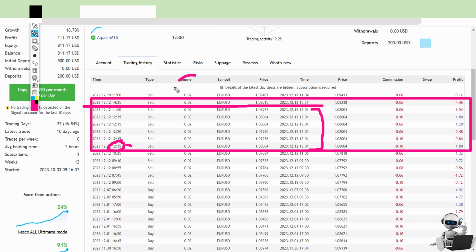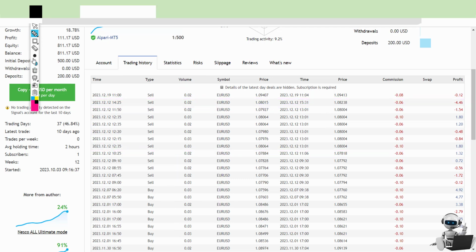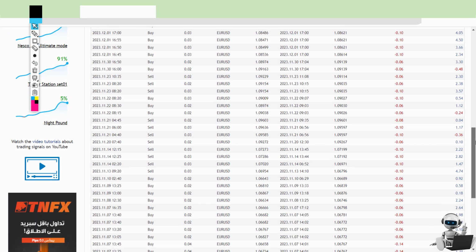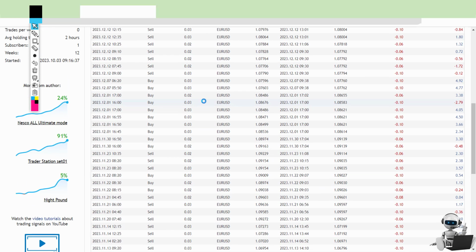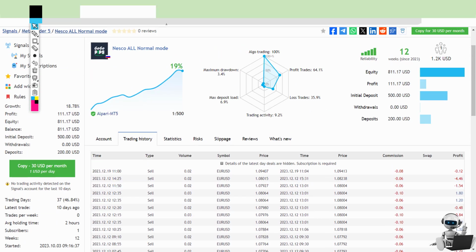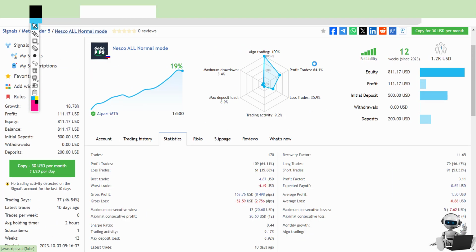But I don't think this is martingale. Maybe it is some recovery method, but not necessarily martingale, because I checked it before. For example, if we go back to these, you can see all of them are in profit, then it decreases. So it's not like it is in losses and then it is in profit. At least it is on the safe side.